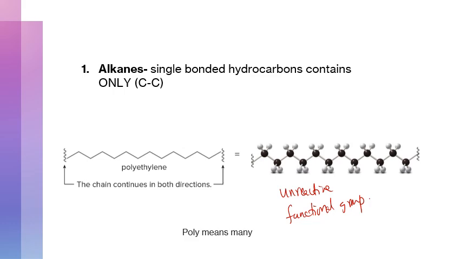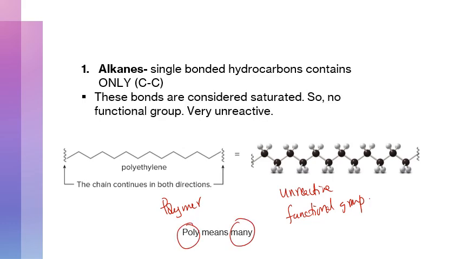So this forms a very long polymer by combining itself an unlimited number of times. Poly means many, and it is going to stay on in the land for several years without degrading because of its unreactive nature.